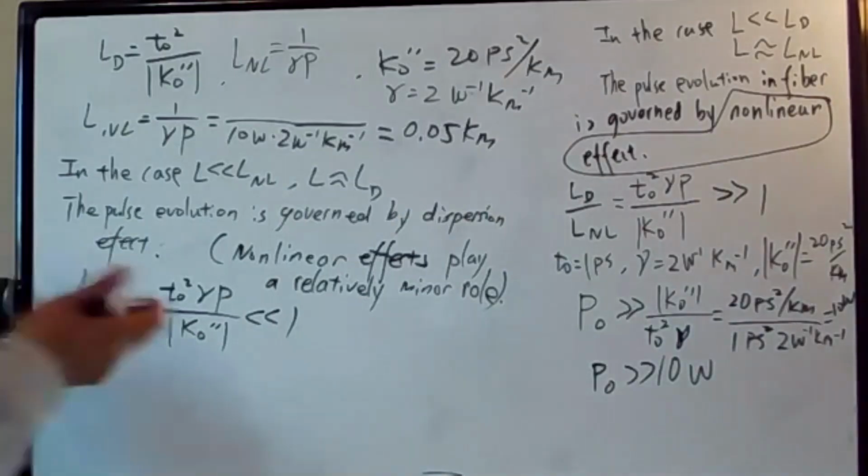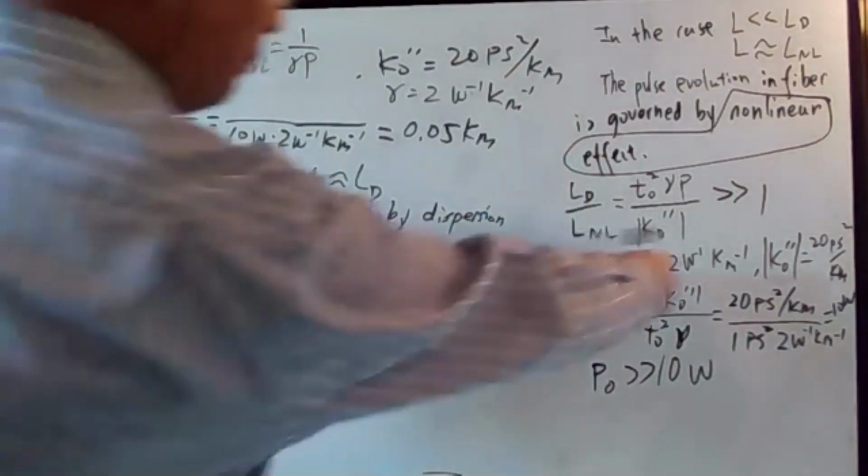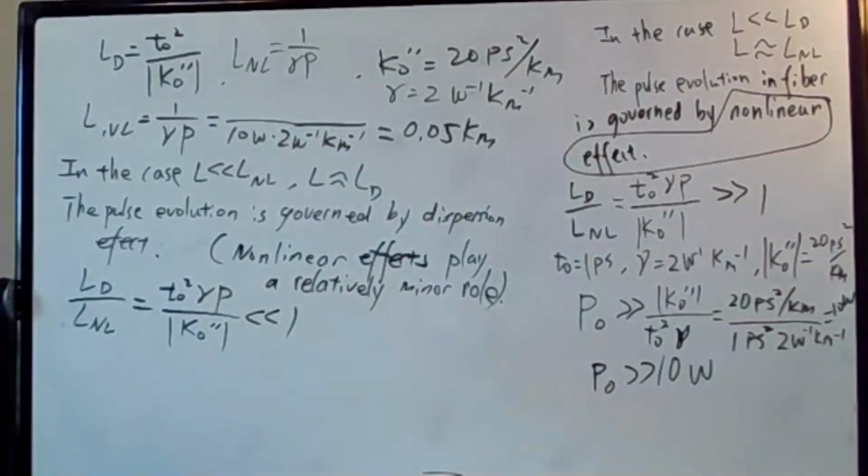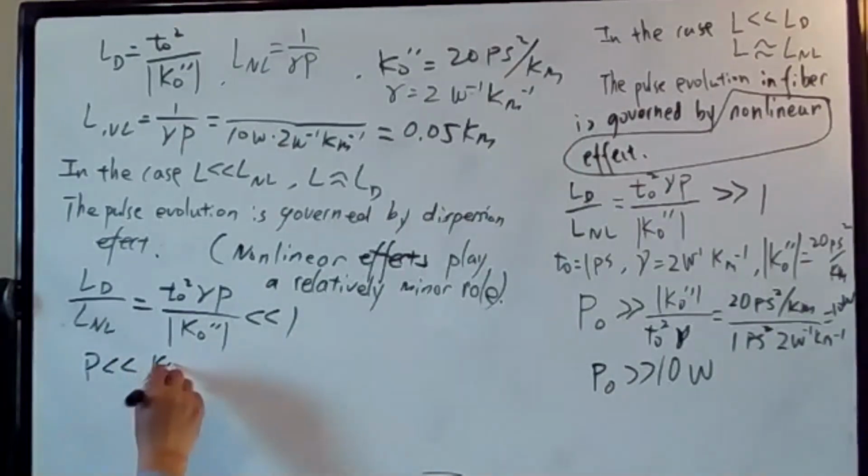We'll do the same number. So this time, the power should be way less than K naught double prime divided by T naught square gamma.